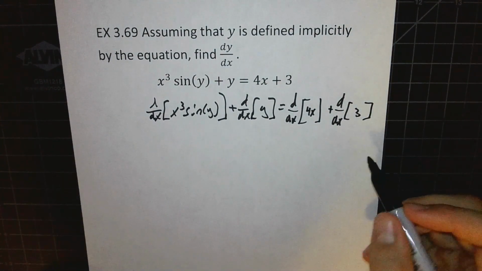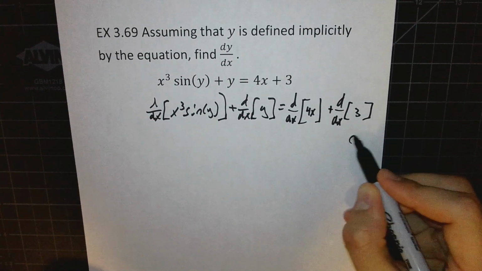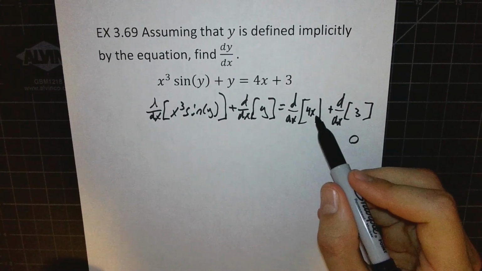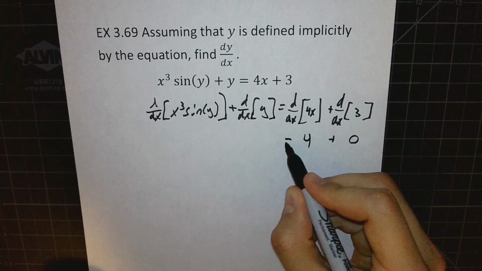So get these easy ones out of the way first. This is our constant rule, so this will go to 0. This is our power rule, so this will turn into just the number 4.